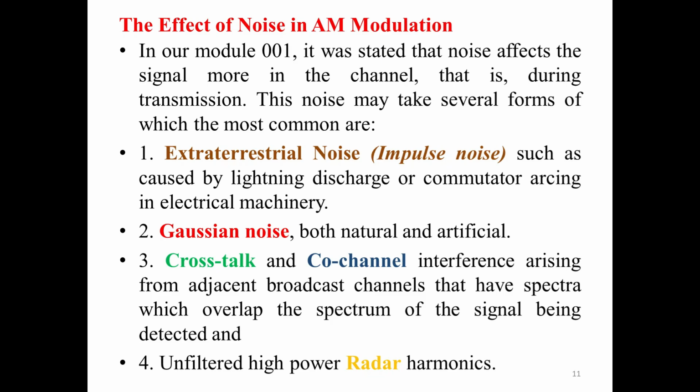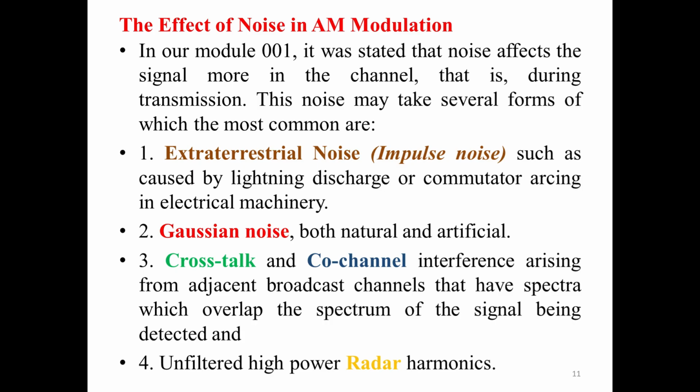Effect of noise in AM modulation. In our module 001, it was stated that noise affects the signal more in the channel, that is, during transmission. This noise may take several forms, of which the most common ones are: 1. Extraterrestrial noise, also known as impulse noise, such as caused by lightning discharge or commutator arcing in electrical machinery. 2.